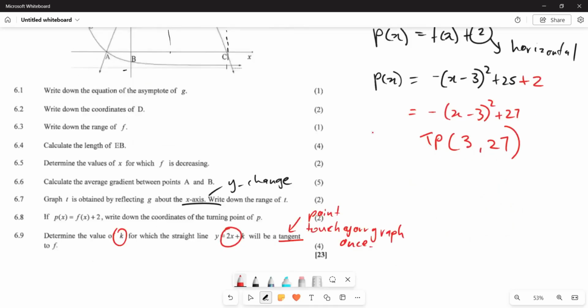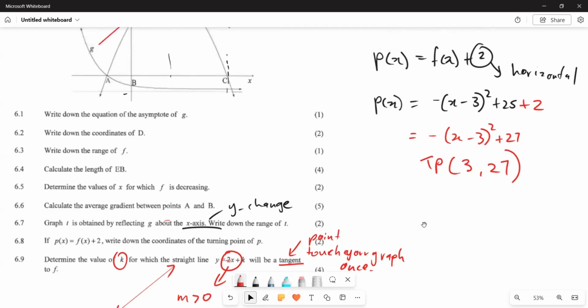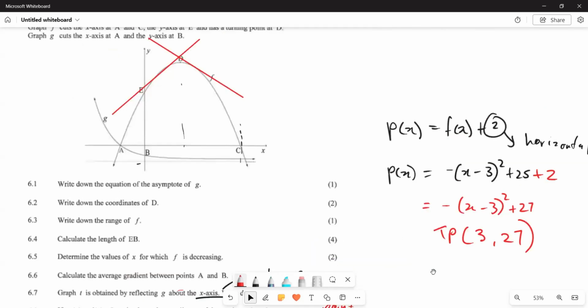The 2 here represents your gradient. Your gradient is greater than 0, which means your graph is going to have a positive line. Are we together? So it's going to be more or less this particular graph, right?